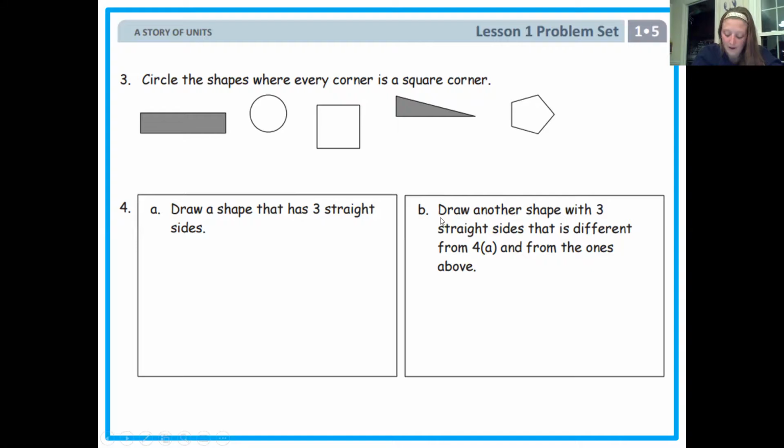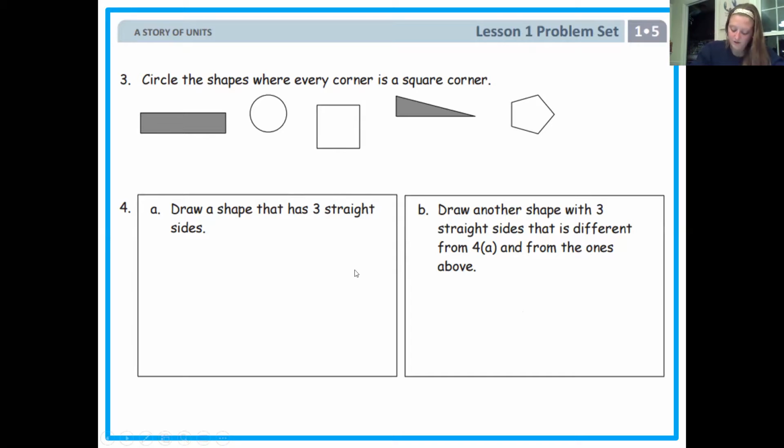And over at B, draw another shape with 3 straight sides that's different from 4A and the ones up here. So I'm going to give you 10 more seconds, then pause it if you need it. All right, pause it if you need more time.